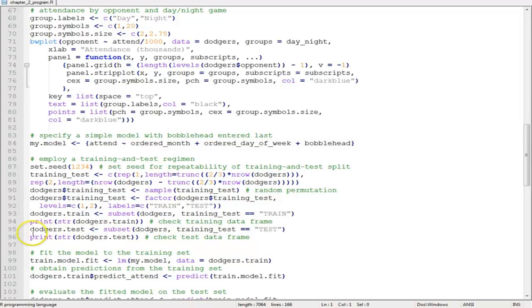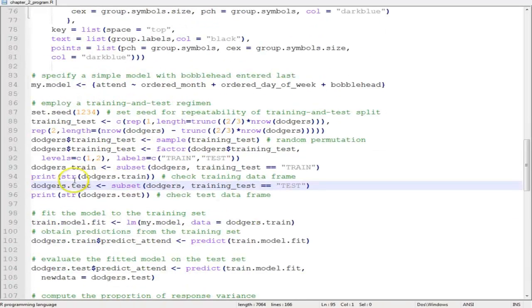Right. Okay, 95 does what? It does exactly the same thing, but to create our testing set. Okay, so we have Dodgers train and Dodgers test.